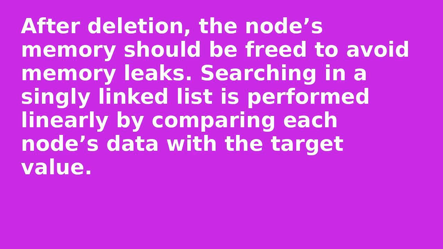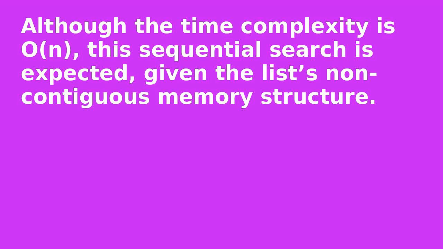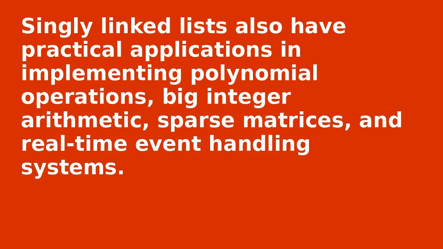Searching in a singly linked list is performed linearly by comparing each node's data with the target value, so the time complexity is O(n). This sequential search is expected, given the list's non-contiguous memory structure. Singly linked lists also have practical applications in implementing polynomial operations, big integer arithmetic, sparse matrices, and real-time event handling systems.